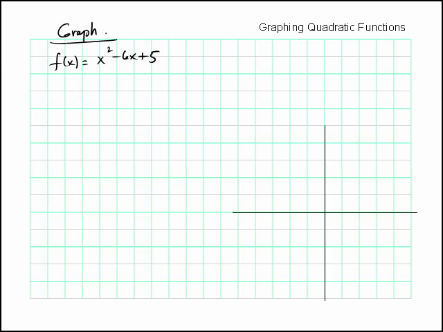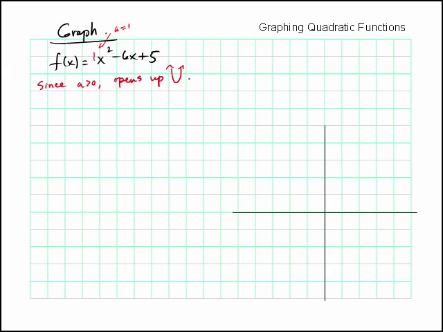Now for this function, the a equals 1, and if you recall from the previous lesson, the a value determines which way the parabola opens. So I know that since A is positive here, my parabola opens upward. So my parabola is going to do that.